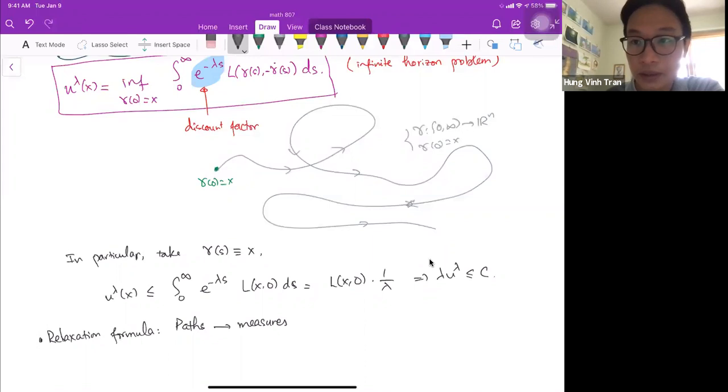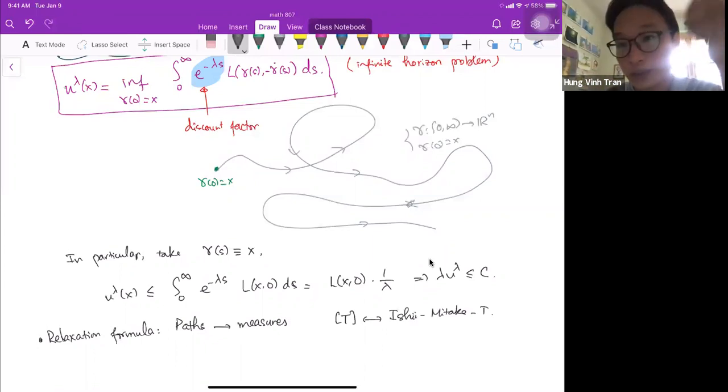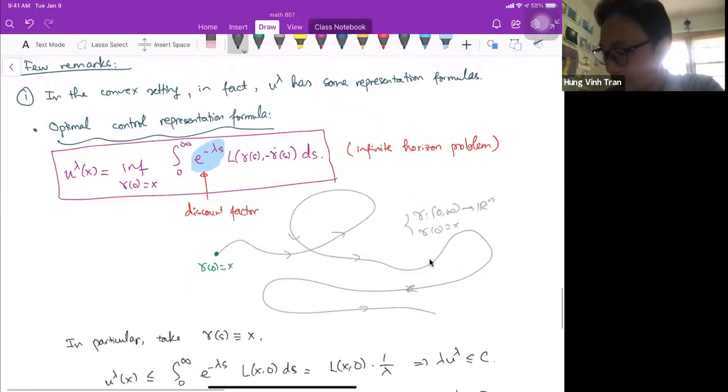You can see it in my book, and this is based upon the work of Ishii and Mitake. It's written in the book, chapter 4 or 5. It's quite interesting because we have a certain way to, instead of considering the paths, relax it to measures. Okay, so that's the first remark I want to make.